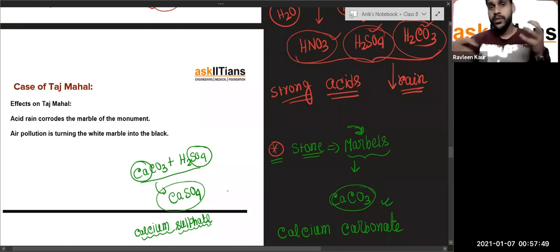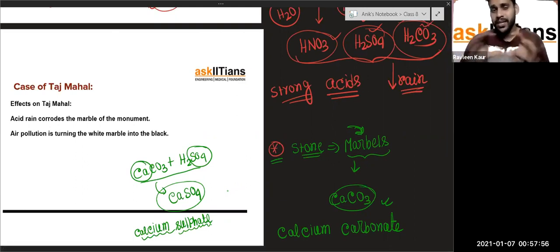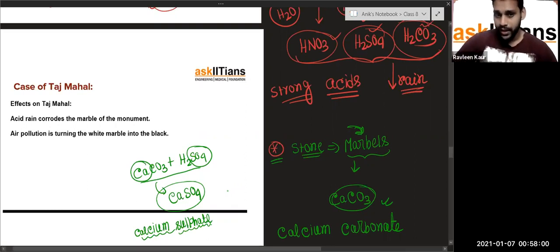Most students would tell you that the acid rain is falling onto the Taj Mahal and something is happening to it, and it is just fading away. But let me tell you what is actually happening. The Taj Mahal is made up of calcium carbonate only, and it is reacting with H2SO4. They are making CaSO4, which is called calcium sulfate.